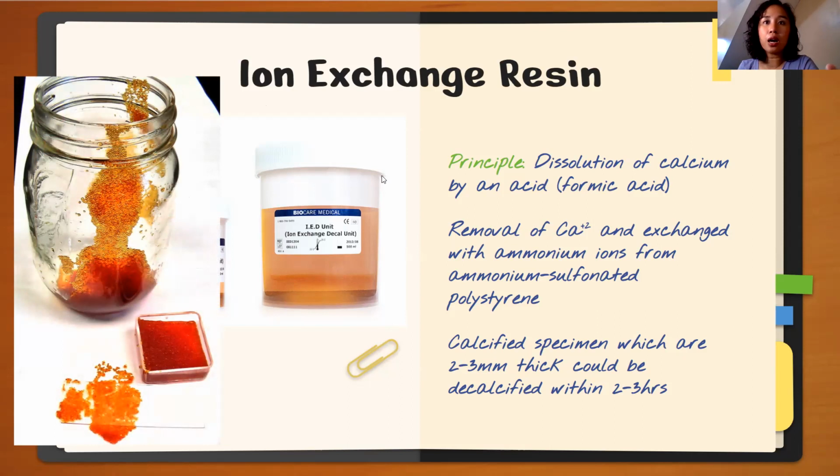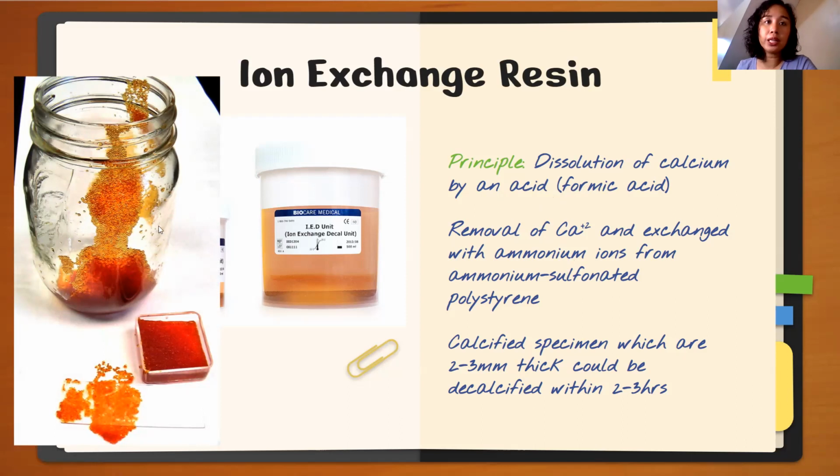So, inside it are ammonium sulfonated polystyrene. Yan, ammonium sulfonated polystyrene yung nasa loob. So, what you do is you place your fragments of bones, of teeth there. Yan. So, first your calcium is dissolved in your acid, example, formic acid, and then removal of calcium and exchange with ammonium ions.